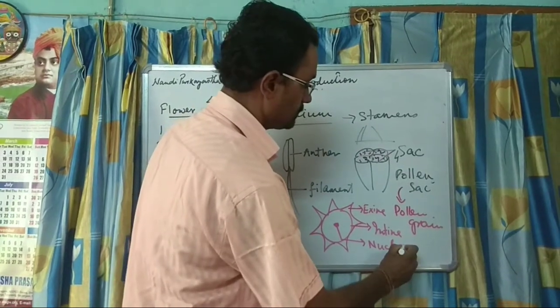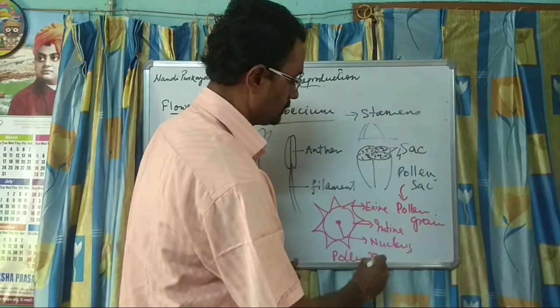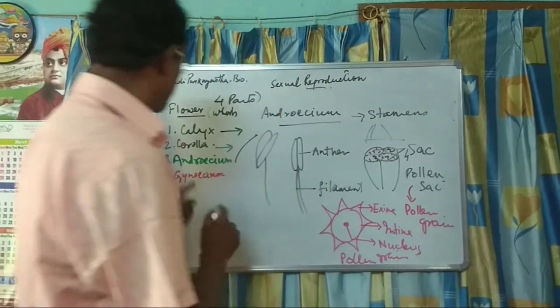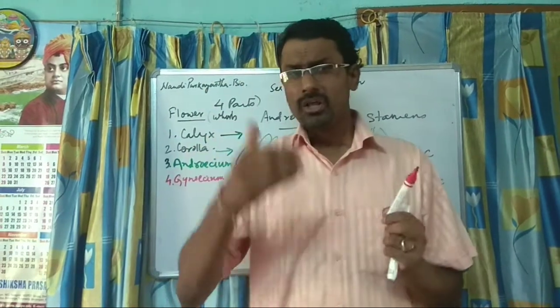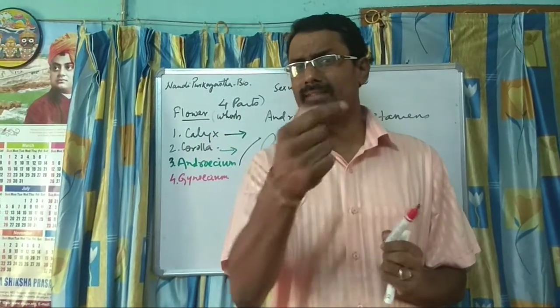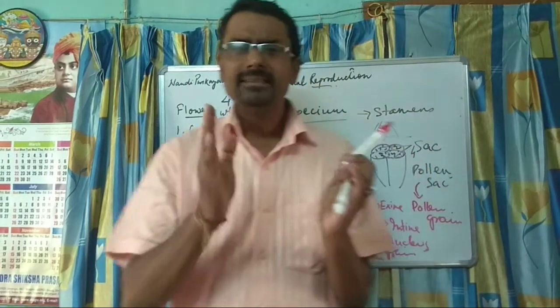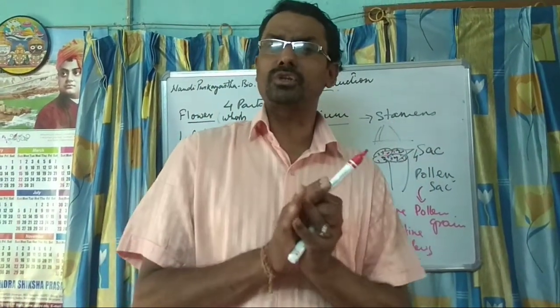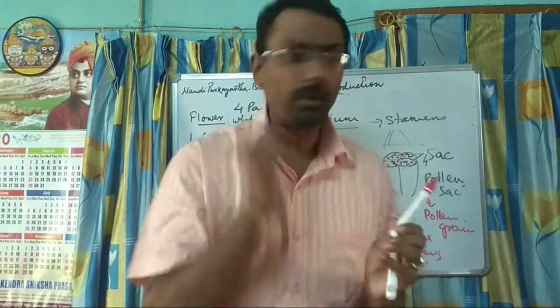So this is a pollen grain. What is its function? Androecium is the male part of the flower, so it helps in reproduction. Androecium and gynoecium are the ones which help in reproduction, so they are called the main part of the flower.